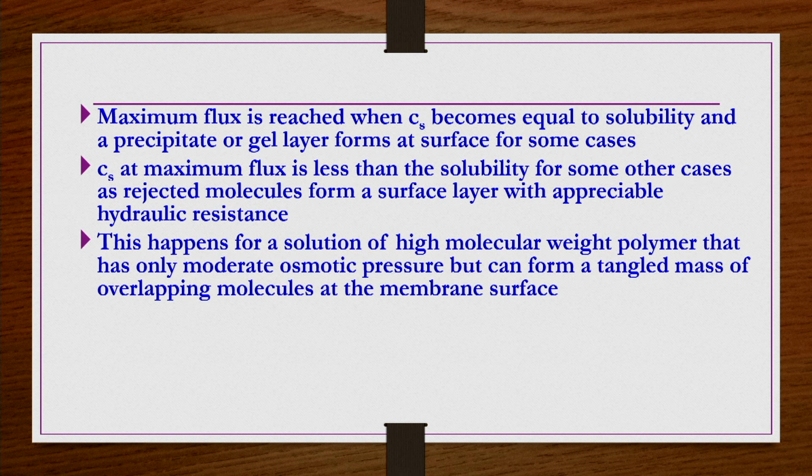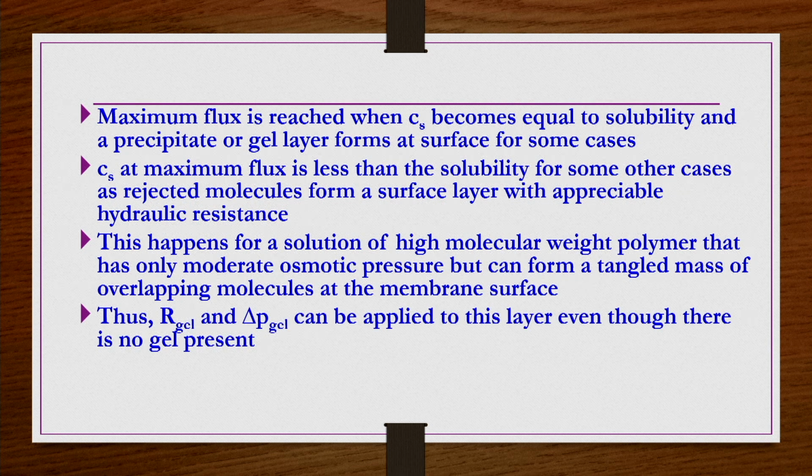The particles there form a tangled mass of overlapping molecules at the membrane surface, and they cause increased rejection for these kinds of cases where the maximum flux is attained and Cs is less than the solubility. Despite that, rejection also increases.